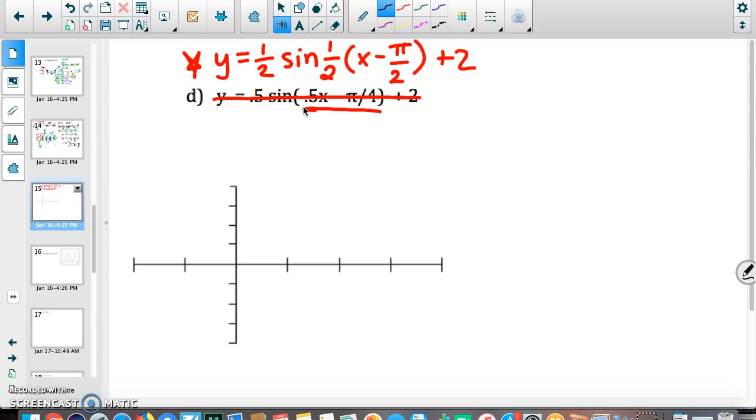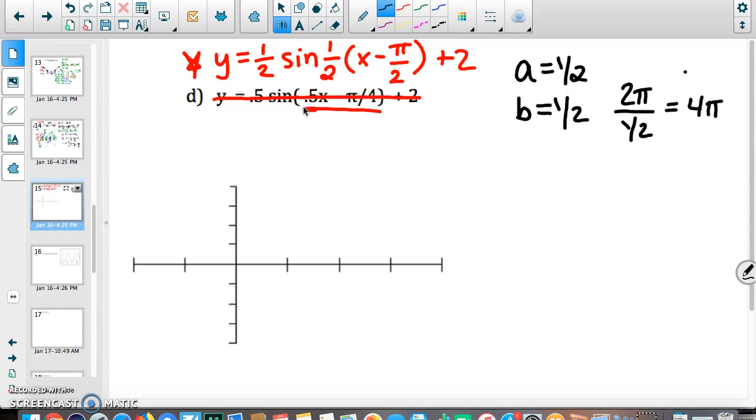So working with this one now, it looks like my amplitude is 1/2. It looks like my B is 1/2. So that means my period is going to be 4 pi. My shifts, as I just said, are going to be right pi over 2 and up 2.